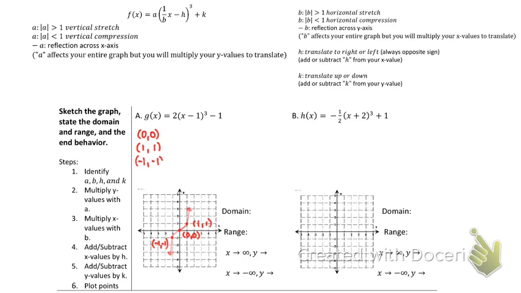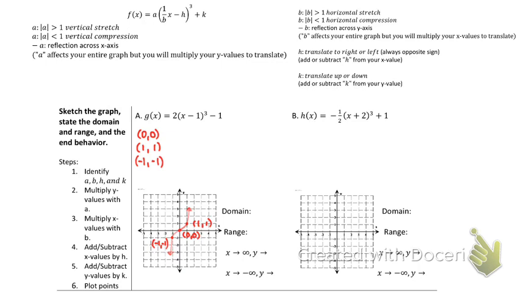Again, this is not in any particular order. I just have to put them down. These are my original points. Step 1, if you remember, we're going to take our equation and dissect, or identify, A, B, H, and K. So let's do that off to the side over here.